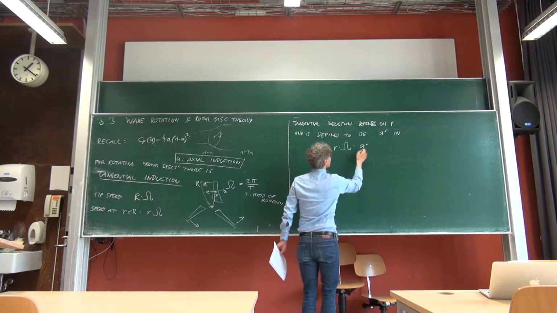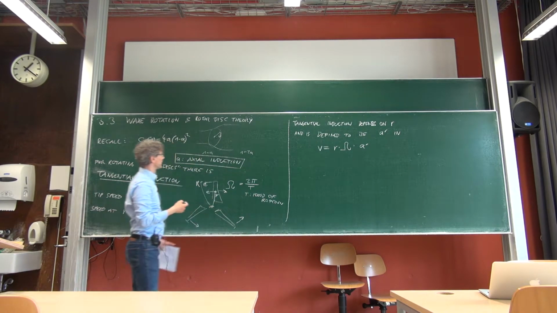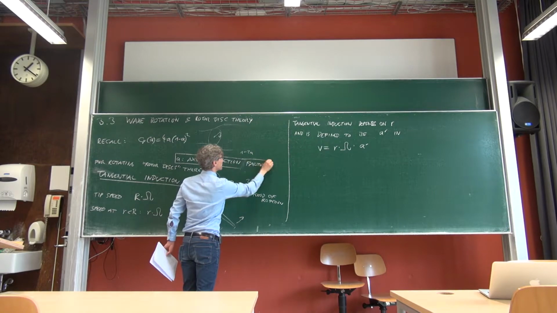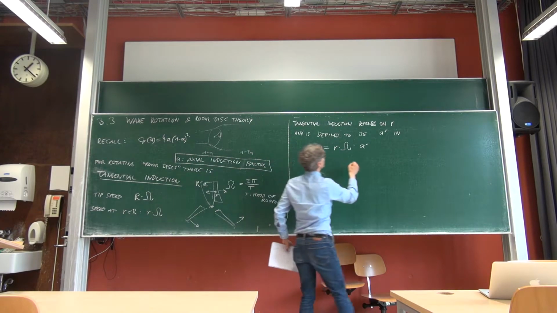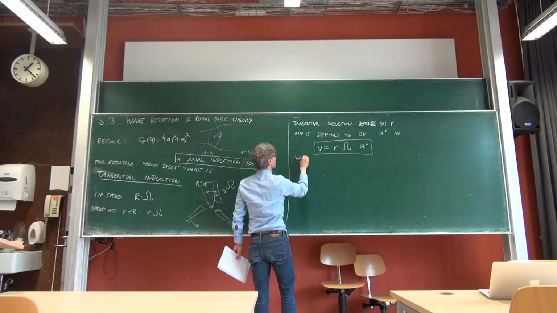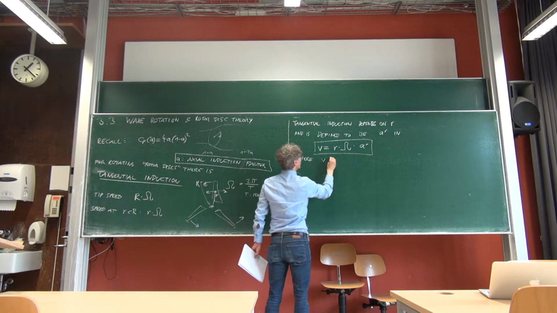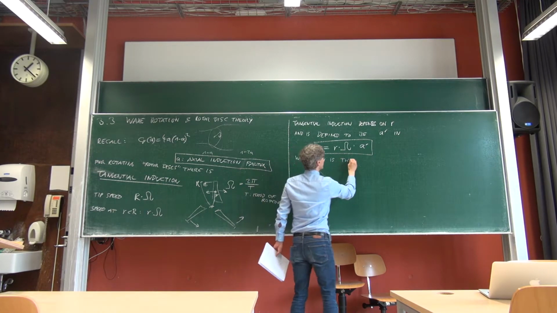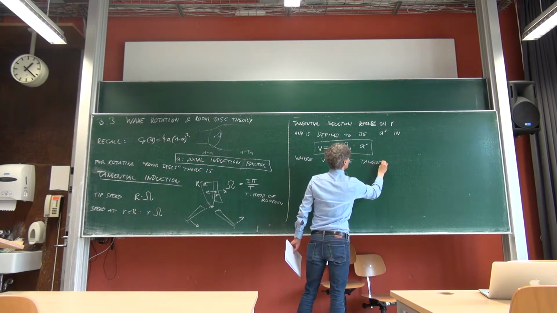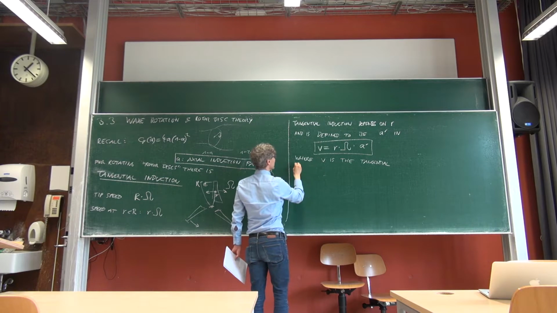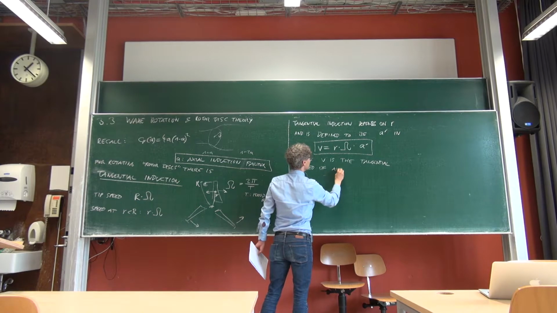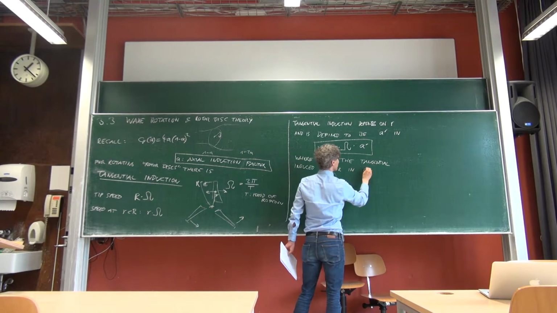So a prime is this tangential induction factor. It's this equation, and I should still say what V is: the tangential velocity of the air, the induced velocity of air in the actuator disk or in the rotor disk.